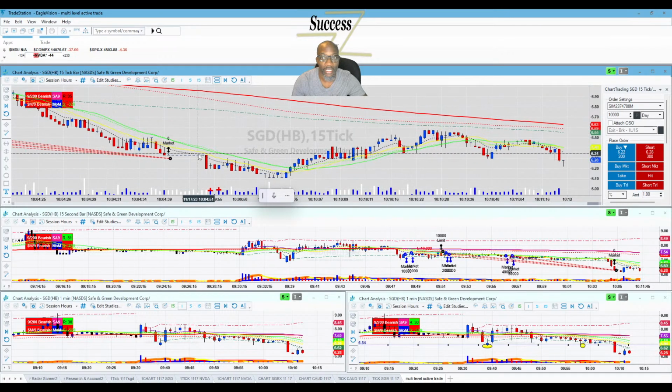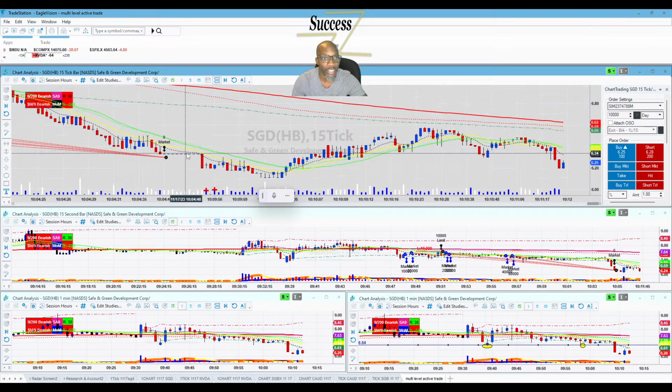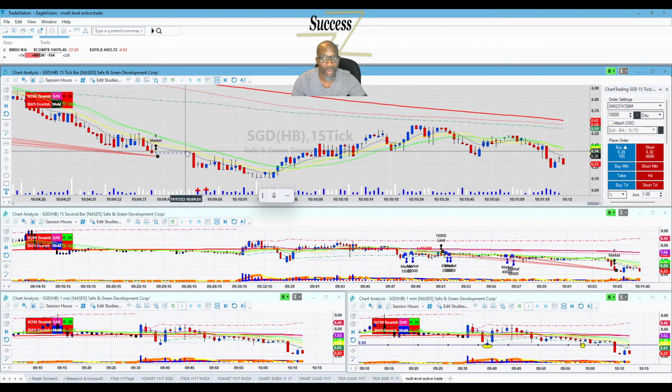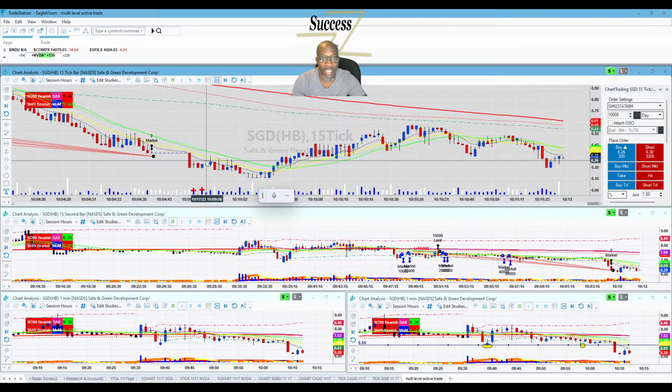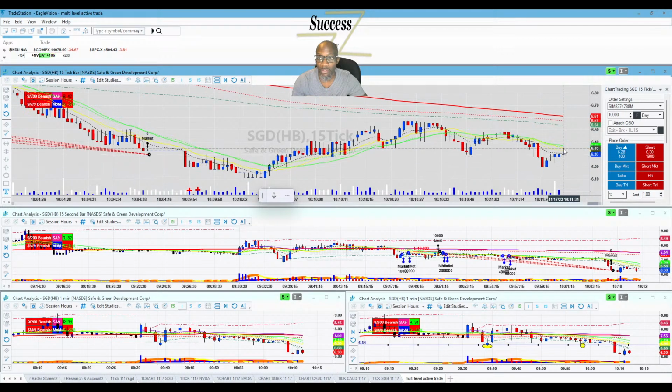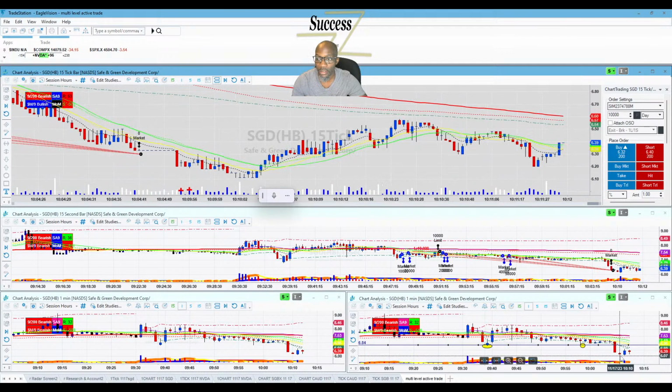But I want it to be back above this level here where it halted at. And even when it halted down, it didn't go down very much after that. So it halted here. Order rejected. What?